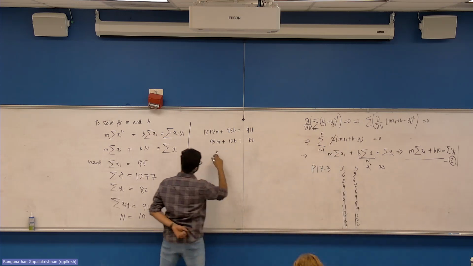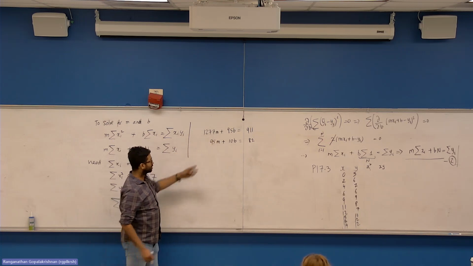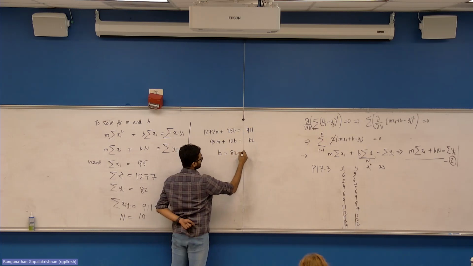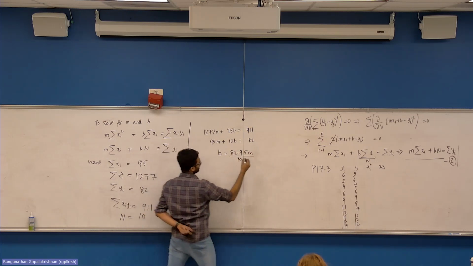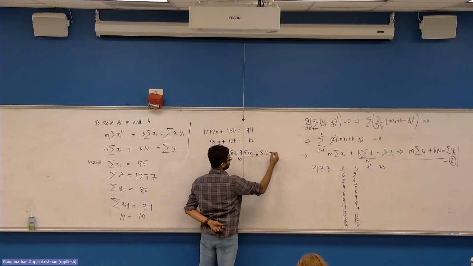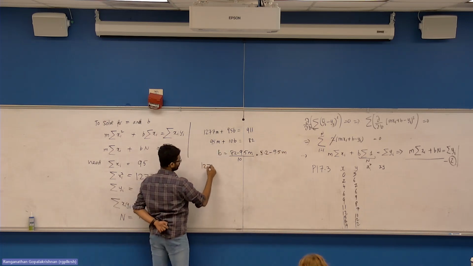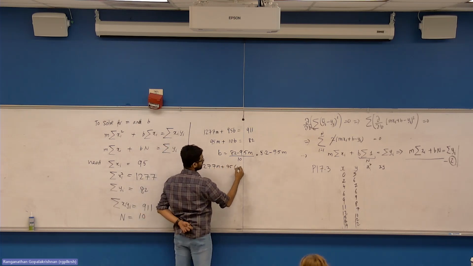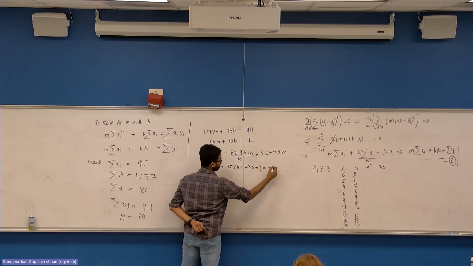Okay, all right, so you have two equations in two unknowns. You can solve any way. Let's do Gauss elimination, which is simpler. So b is (82 minus 95m) divided by 10, or I'll write it simply 8.2 minus 9.5m, which I can substitute: 1277m plus 95 times (8.2 minus 9.5m) equal to 911.